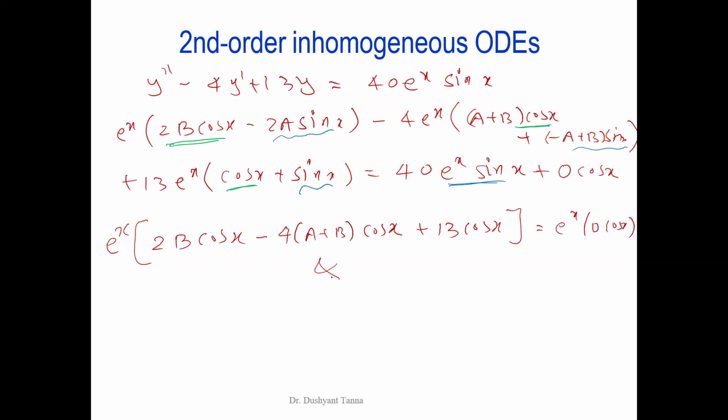Just combine everything. You can simplify however you want, as long as you are comparing the right equations. Okay, e^x outside here as well: minus 2a sin x minus 4(-a + b) sin x plus 13 sin x is equal to 40e^x sin x.